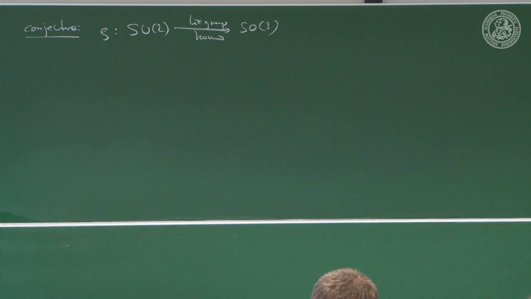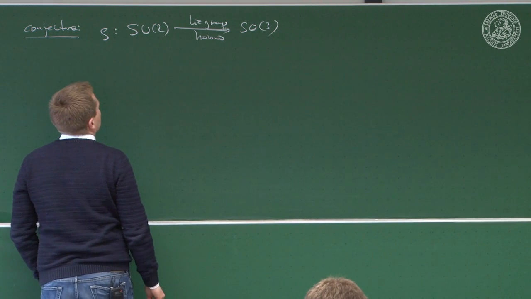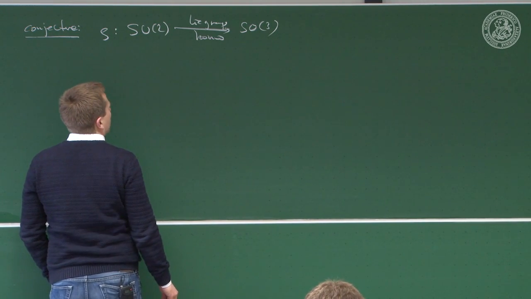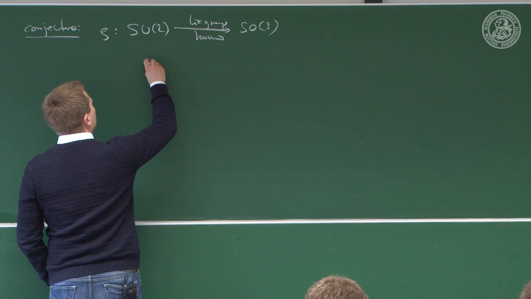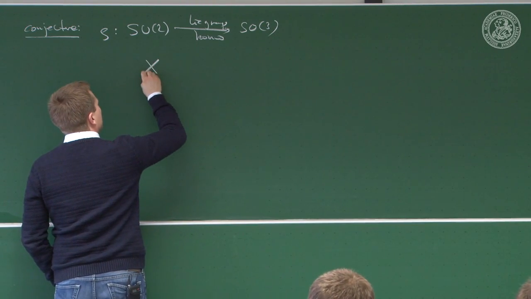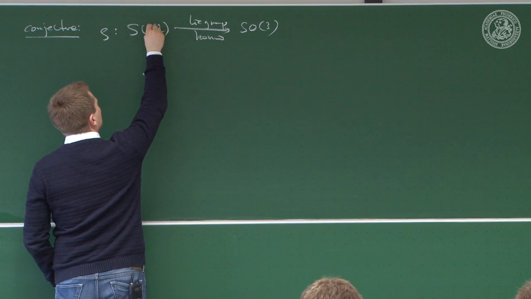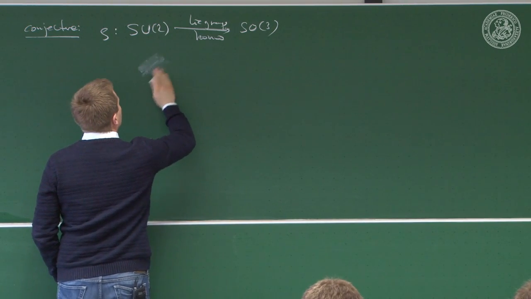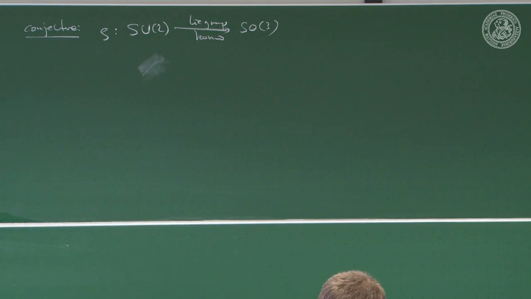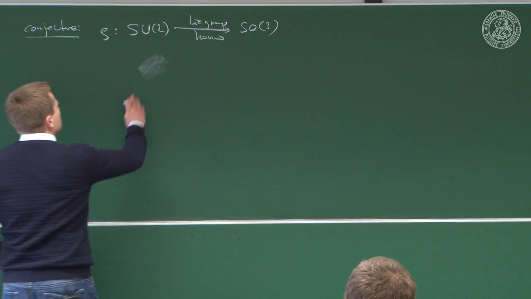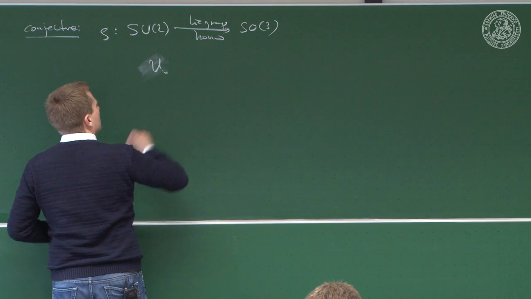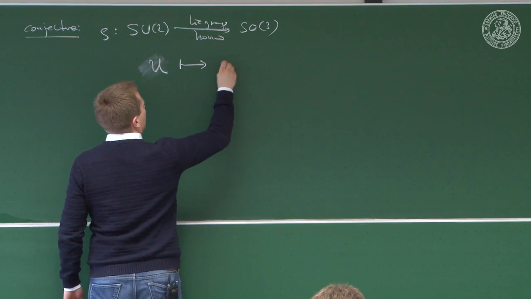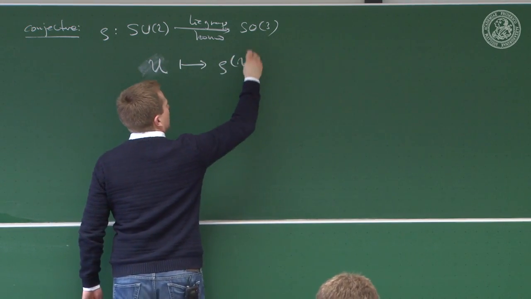And I need to write it down. So I need to take a matrix U in SU2, and I map it to a matrix Rho of U in SO3.